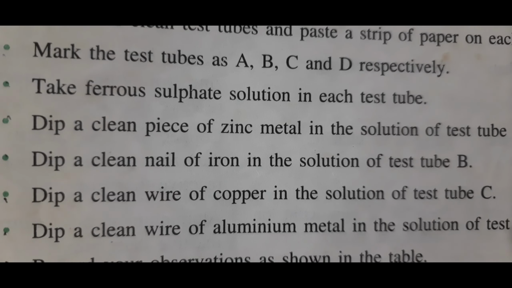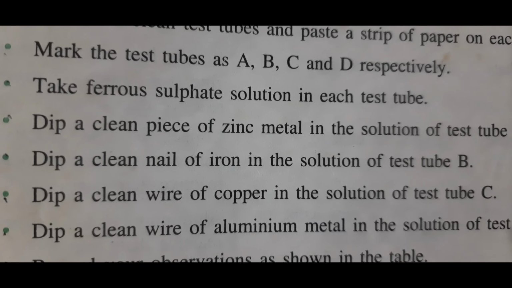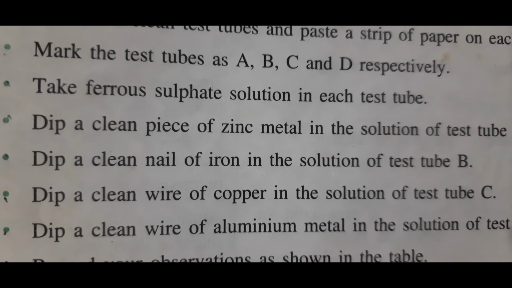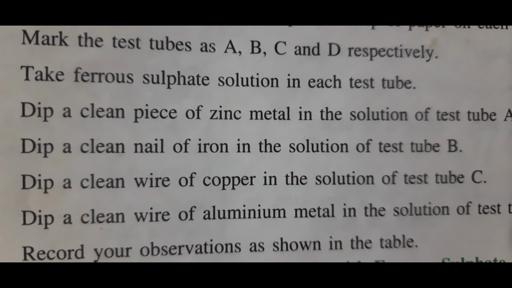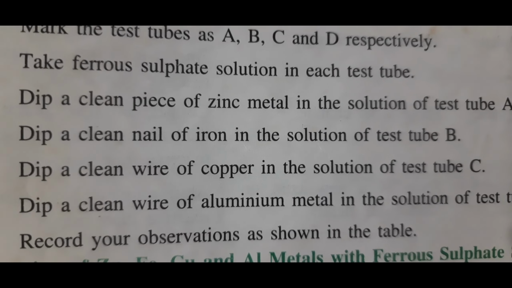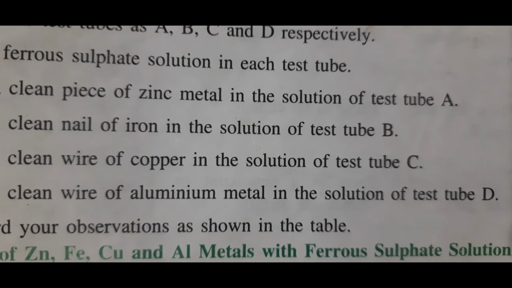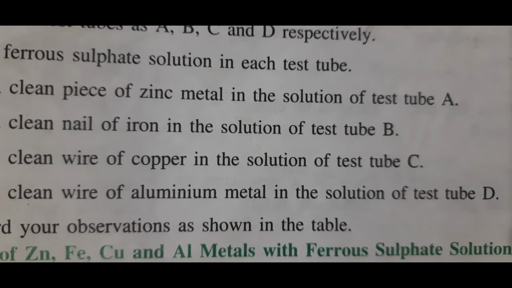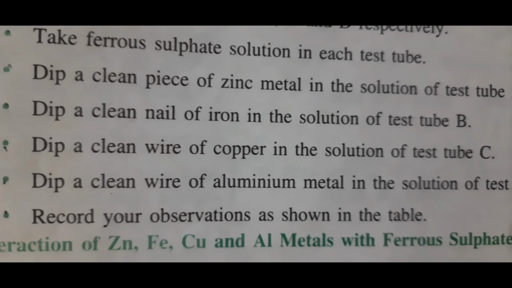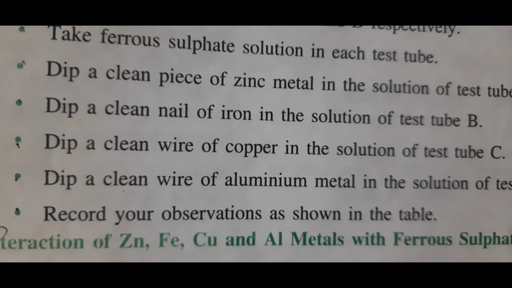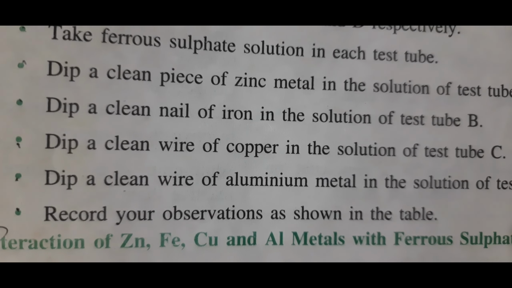Dip a clean wire of copper in the solution of test tube C. Dip a clean wire of aluminium metal in the solution of test tube D. So after doing this, we will see the observations and record them as shown in the table.